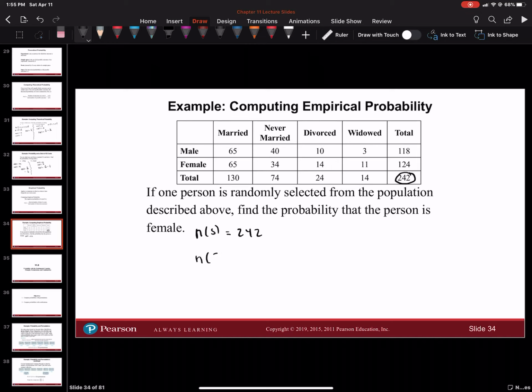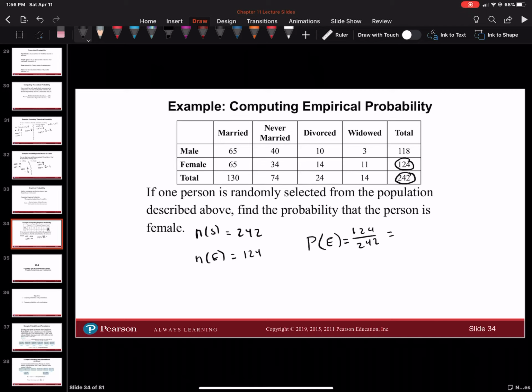The number in the event, which is the number of women, doesn't depend on whether she's married, never been married, divorced, or widowed. So the total number of women would be 124. So the probability of this happening is 124 over 242.